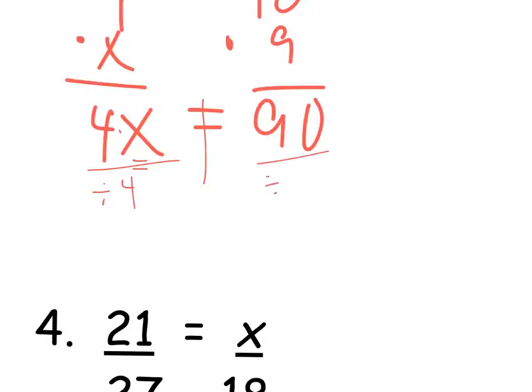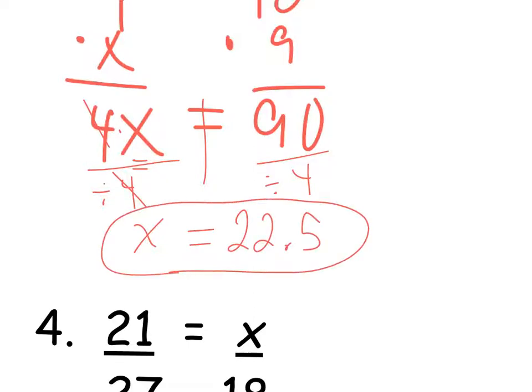So I'm going to divide by 4 on both sides. The 4's cancel out, since 4 divided by 4 is 1, so you're left with 1x. And then 90 divided by 4 is 22.5. And yes, we do end up with a decimal, but that's okay. You will sometimes end up with a decimal in your answer, and you will on quite a few of these that you're going to practice in a couple minutes. So don't panic if you get a decimal.